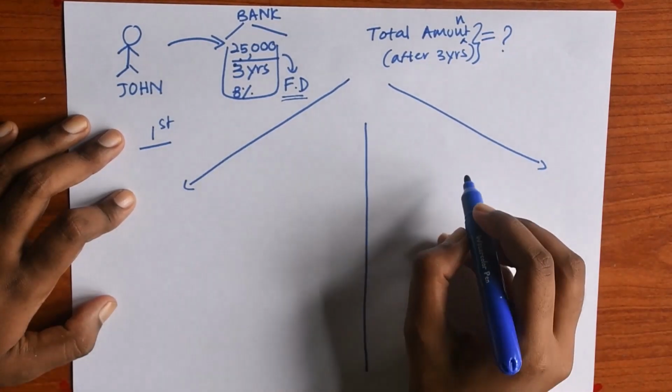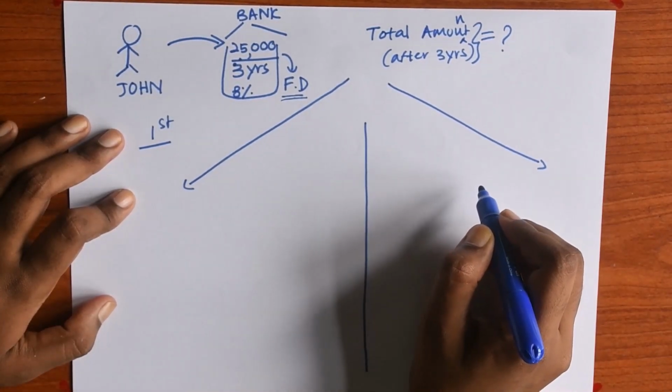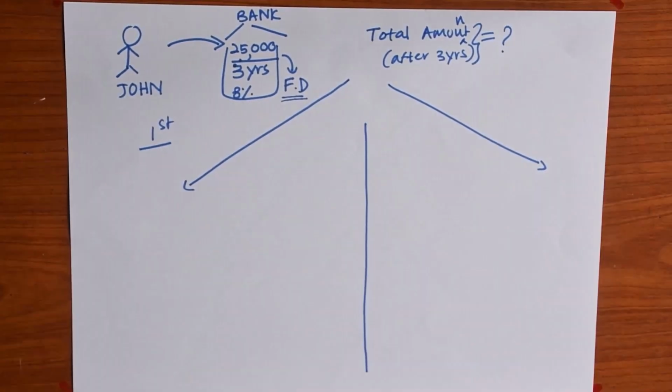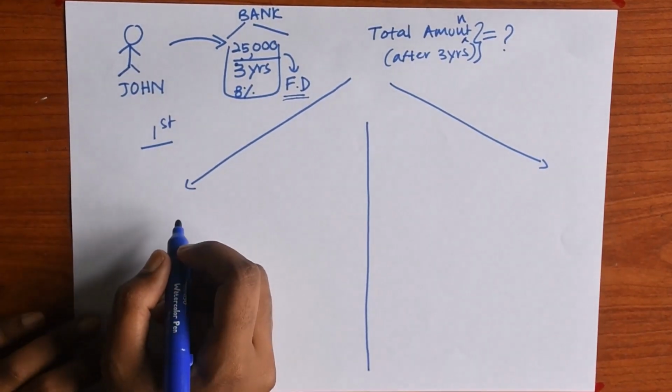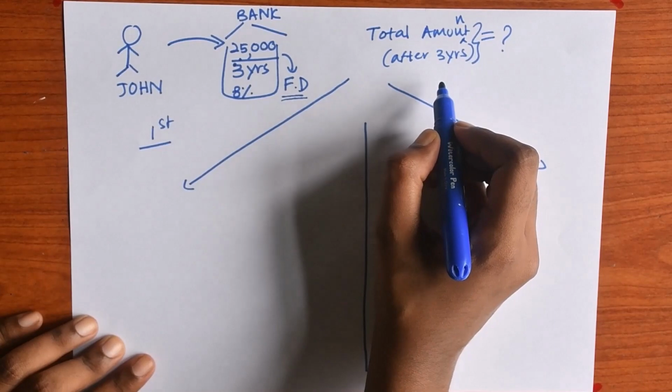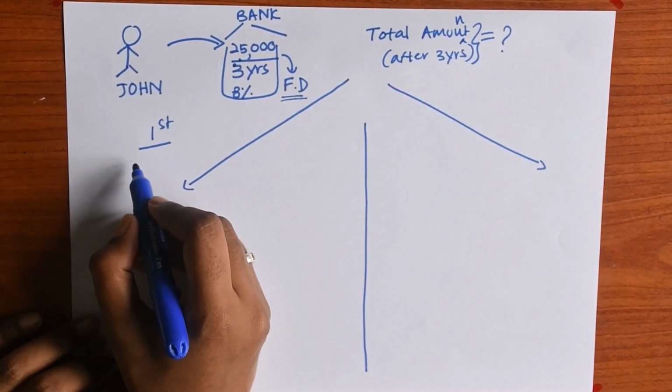In the second method, what we do is we directly calculate the total amount that John would receive after 3 years. So now let's calculate the total amount that John will receive after 3 years using the first method.